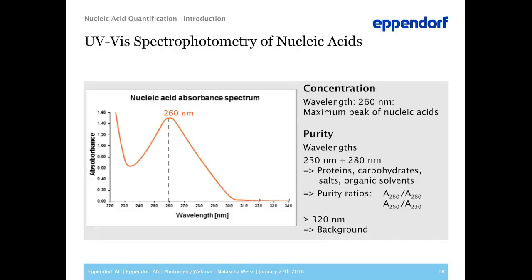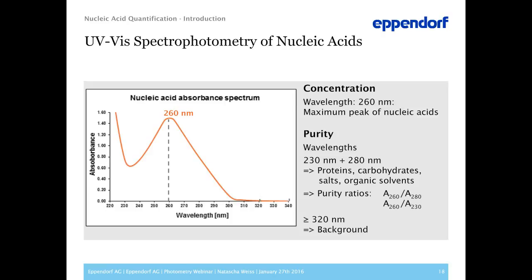A number of other substances can interfere with measurements of DNA or RNA since they also absorb light at 260 nanometer. This leads to an artificially increased result. To compensate for this, purity ratios and background correction have been developed to help eliminate false readings. Potential contaminants like proteins, carbohydrates, salts, and organic solvents show high absorbance at 230 nanometer and 280 nanometer.